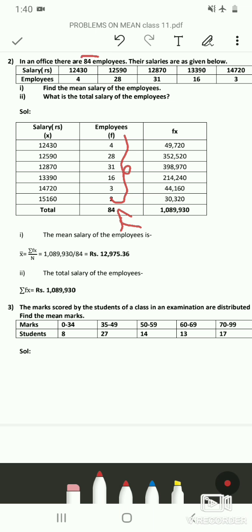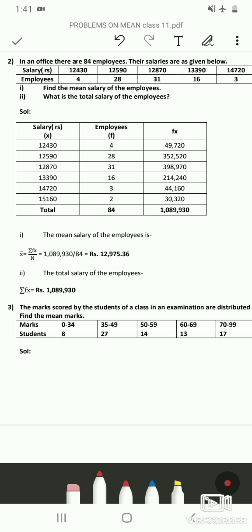Also in the question they have given in an office there are 84 employees, which indicates capital N, that is total number of frequencies. So therefore substituting all the values in the formula, we'll get 1089930, that is summation fx upon capital N, that is 84.